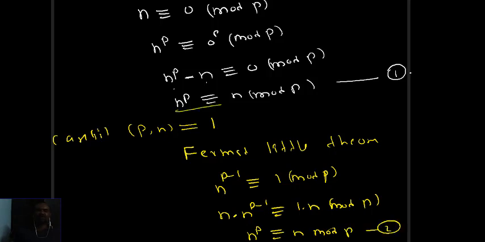From 1 and 2 we got same result. What is the meaning of that? If p is a prime number and n is a natural number, then n power p is congruent to n modulo p. That I will write last.